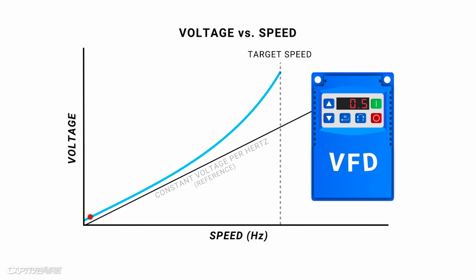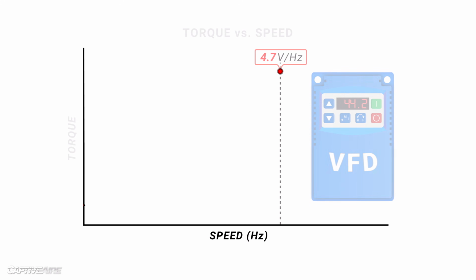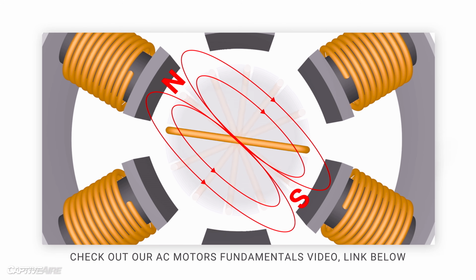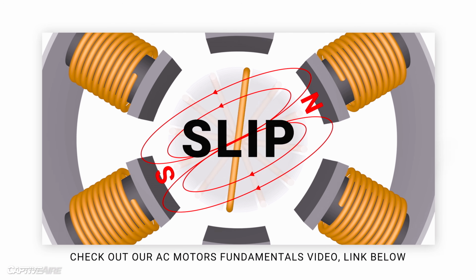The way the drive achieves this is by varying the voltage per hertz. This results in an energy output that is not solely determined by speed. And doing this has many benefits. It allows us to often expand the range of operation of the motor-fan combination due to increased torque at lower speeds. It also keeps motor slip down, which actually reduces current draw at these speeds.